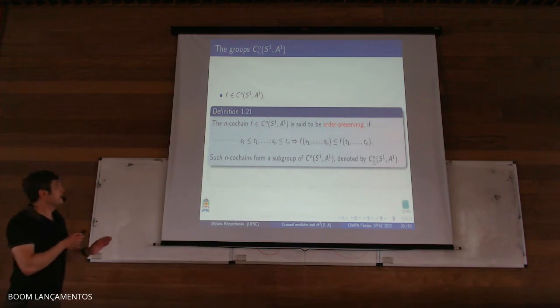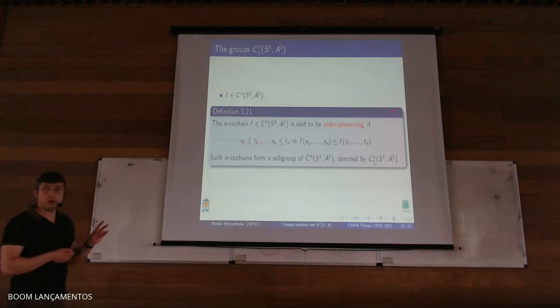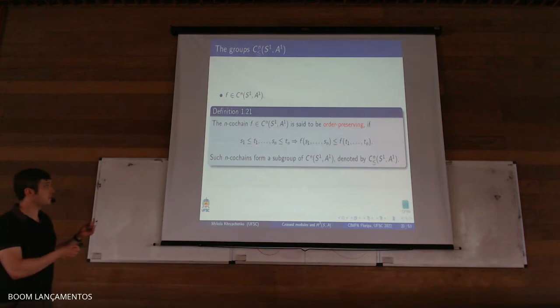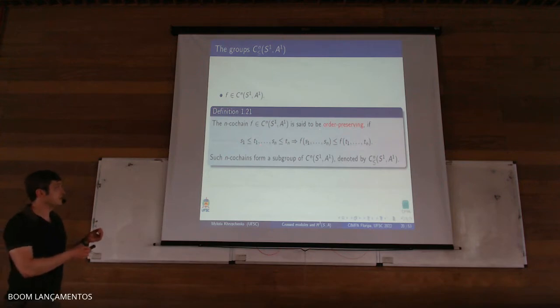Now, in fact, I will need a more specific cohomology group. Since you have an inverse semigroup, you have a natural partial order on that semigroup, and you may define what is called an order-preserving cochain. So this is a function which preserves order.